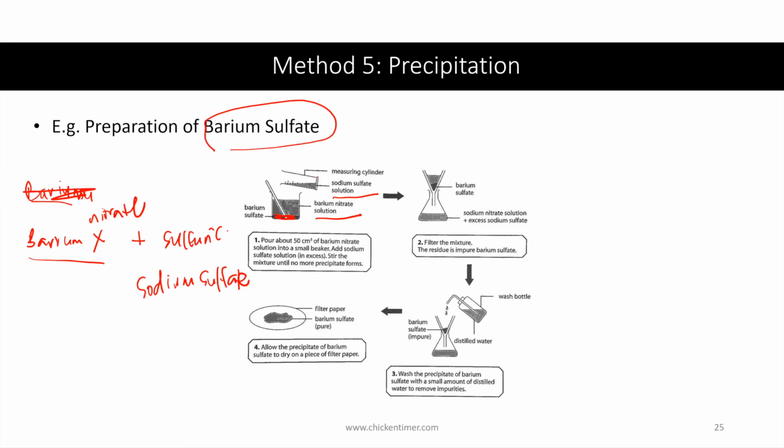So once you filter the mixture, you collect the precipitate, because the salt, the insoluble substance, is the thing you want. Then you take the precipitate and wash it in distilled water, then you dry it. Then you get your barium sulfate. So this is precipitation.